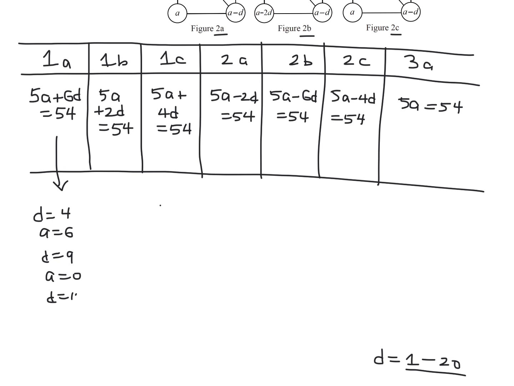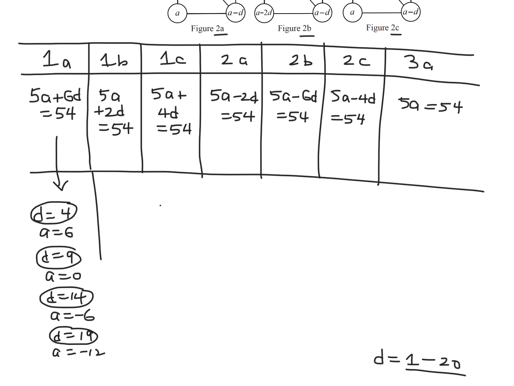When D equals 14, A equals minus 6. And when D is equal to, I believe, 19, you're going to have A equal to minus 12. Okay, so far we've got 1, 2, 3, 4 values of D. And those are the only values that give integer solutions for that guy.